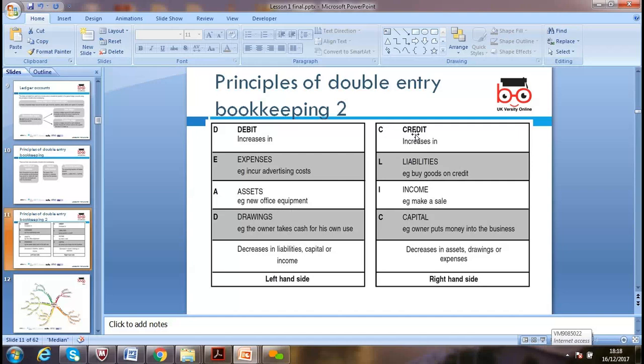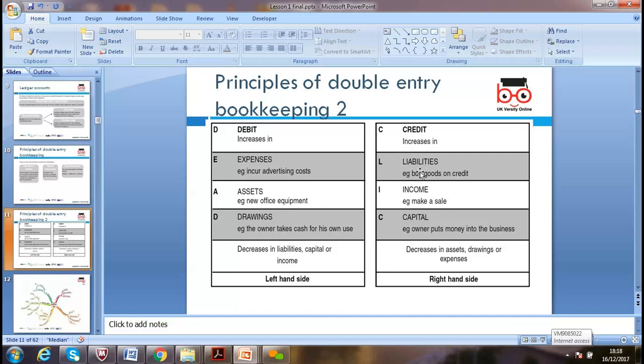DEAD stands for debit: expense, asset, and drawing. CLIC stands for credit: liability, income, and capital increase. If we have more liability, we need to pay more money, which we call liabilities.